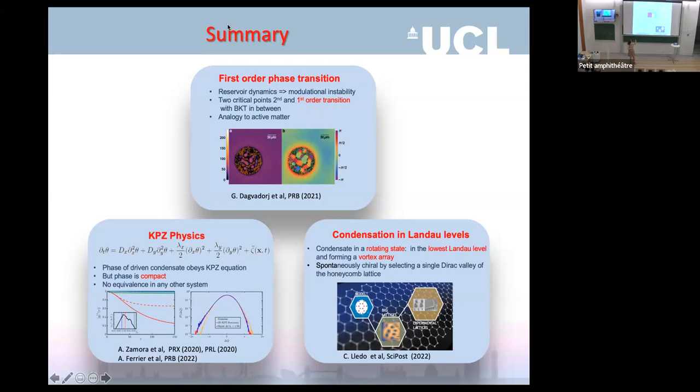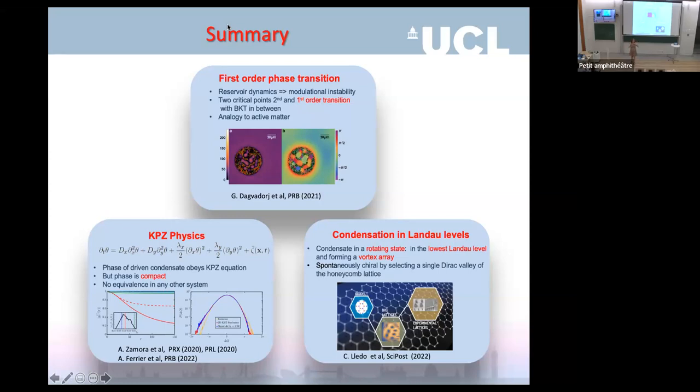Yes, sure. In this talk, I didn't show our work on the XY model BKT transition, because there is no time. But we have papers where we study not KPZ, but the regime of the XY model. We can see the vortices decay, you can see algebraic decay, and then we take the alpha exponent and see how it varies.